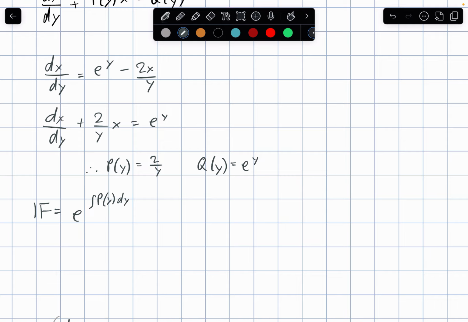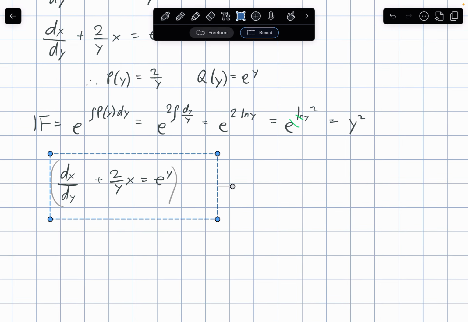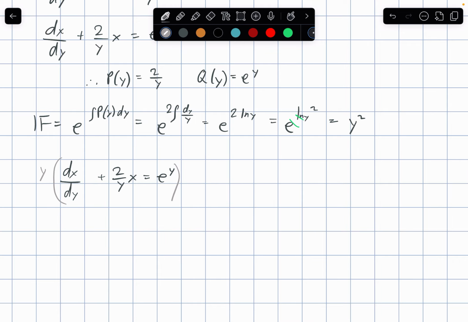So 2 dy over y is 2 ln of y, ln of y raised to 2, y raised to 2. Cancel. So that's how we got y raised to 2 as our integrating factor. We multiply it now to the standard form: y squared dx over dy plus 2xy equal to y squared e raised to y.